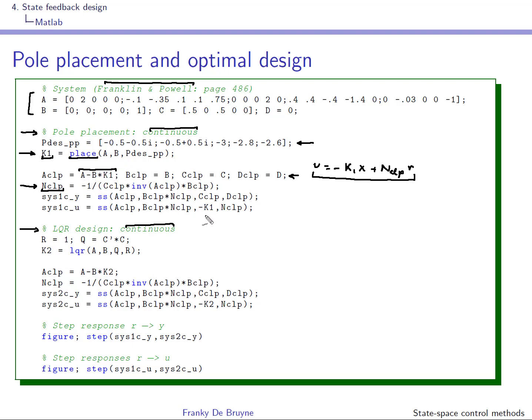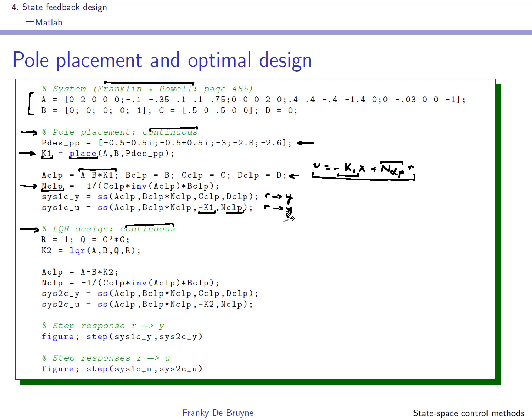And then what you can do is construct the transfer matrix, or transfer function in this case, because it's a SISO system, from R to Y, and here from R to U. You can see here that the output matrix will be minus K1. This is clearly seen here, and the direct feedthrough is N_clp.